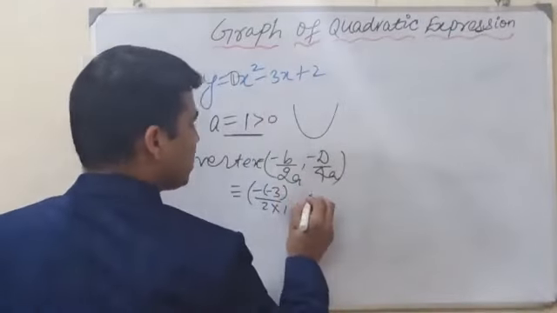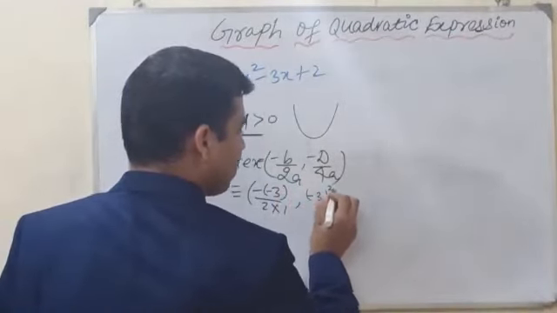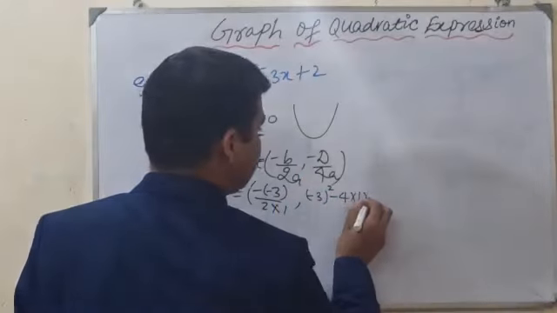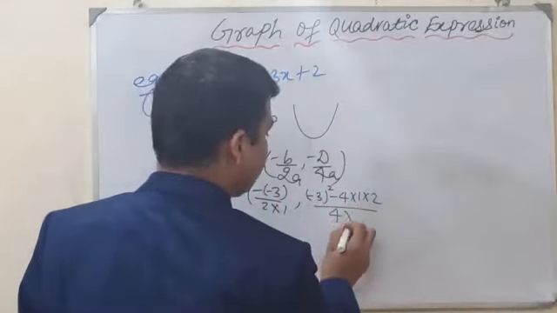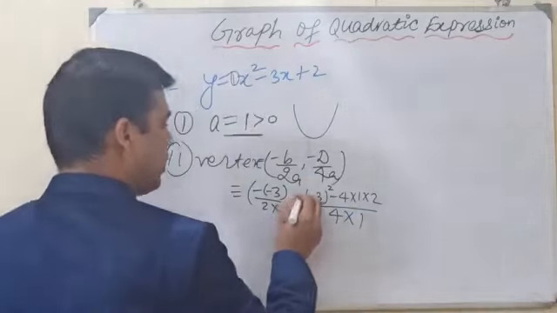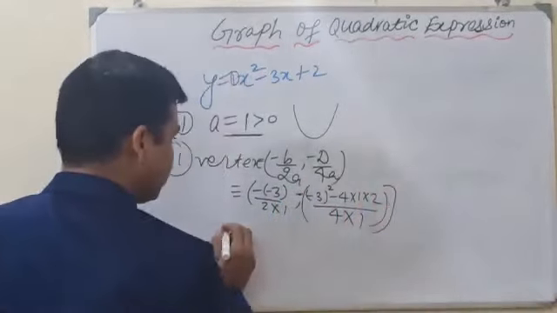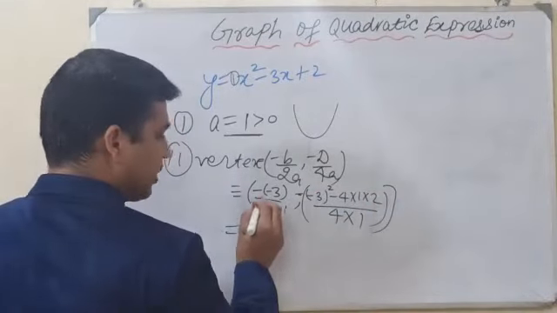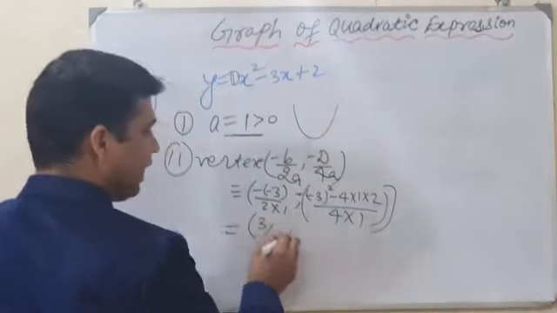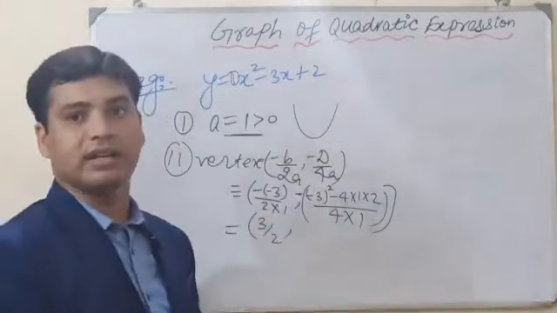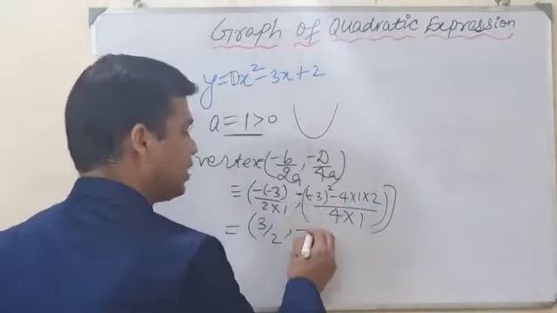So b square means minus 3 whole square, minus 4 into a which is 1, into c, divided by 4 into a, which is 1. Okay, and the negative of all of this. So what will we get here? Minus of minus 3 gives 3 by 2, and here you will get 9 minus 8, which is 1 by 4, so minus 1 by 4.